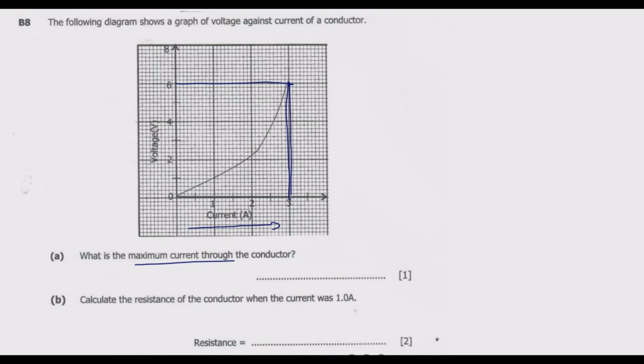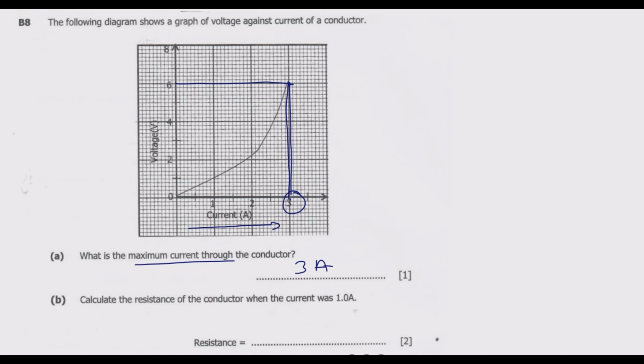So 3 is the maximum. Beyond this 3, either the bulb has blown up or something has gone off, so there is no further current. So the maximum current in this conductor is 3 amps, which is 1 mark. We go to B.